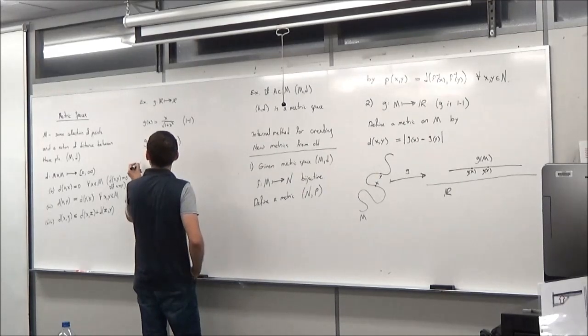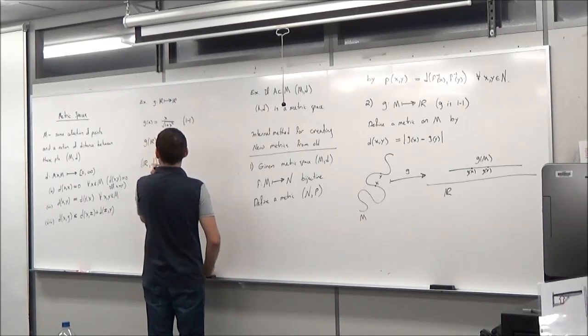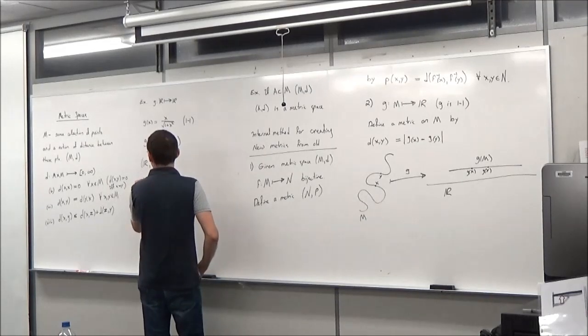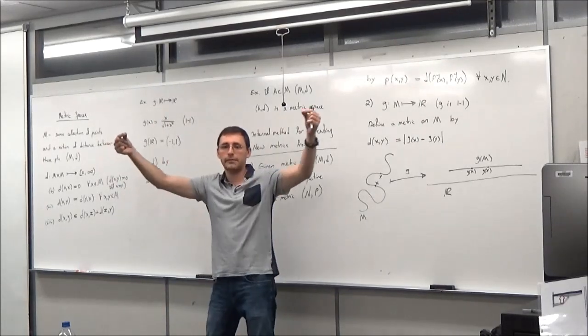And I can then define the following distance. So I can define R with a different distance d by d(x,y). I'm not actually going to measure the distance between those 2 points x and y.